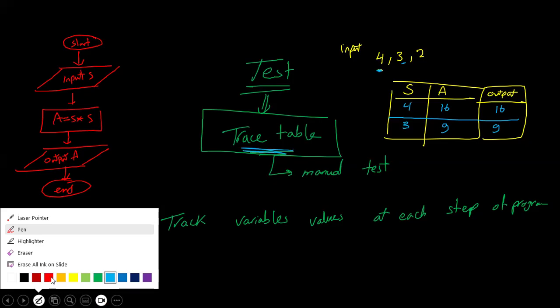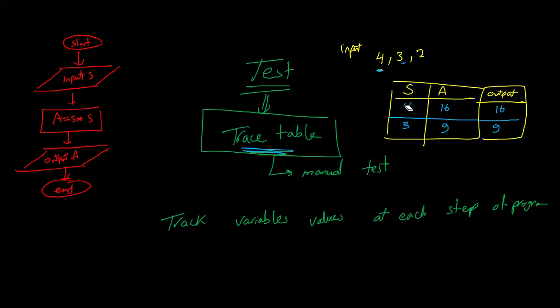But if I have a problem or an error in my program, let's for example add an error in this code, where we want to calculate the area of a square.